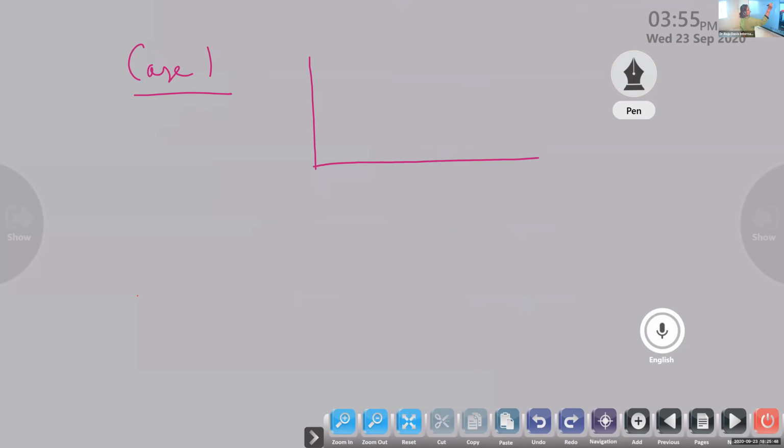So just roughly draw a graph, no need for it to be so big. We are going to represent these two objects A and B with a graph. Here it is position, position in meter, time in second. And both are having the same velocity.